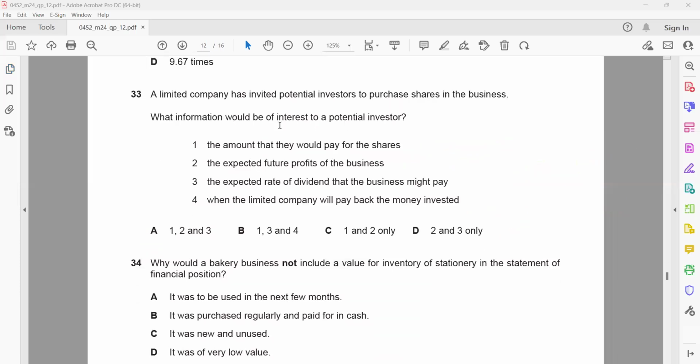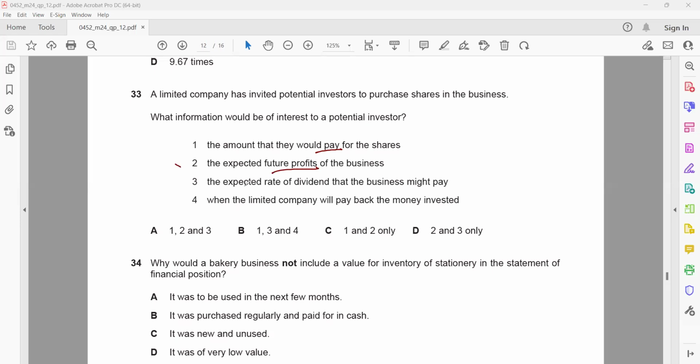A limited company has invited potential investors to purchase shares in the company. What information would be of interest to the potential investor? The amount that they will pay for the share. Yeah, they want to know how much they have to pay. The expected future profit. This is what they can earn in future.